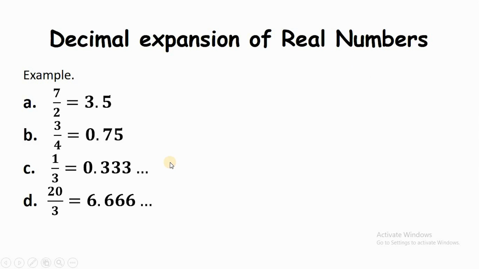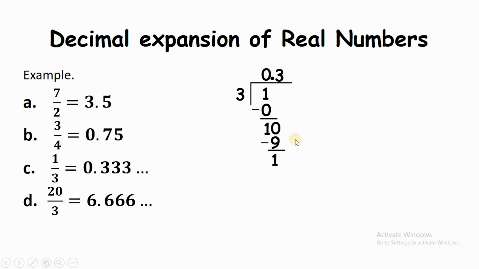Now in the next example C, that is 1 by 3 is equal to 0.333. Let's check this. Here again numerator 1 divided by denominator 3. When you divide it, 3 0s are 0 and subtract, you'll get 1. Then you put a point here and add a 0, it becomes 10. 3 3s are 9, and you'll get remainder 1.